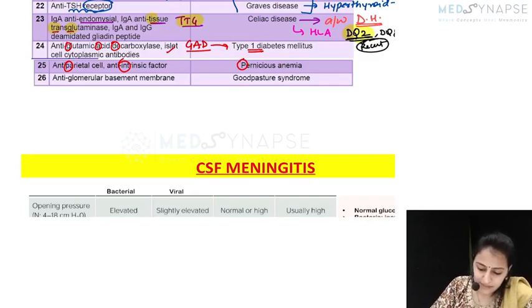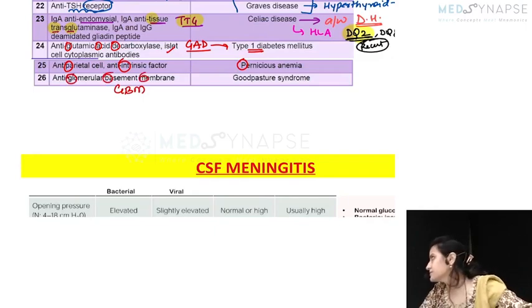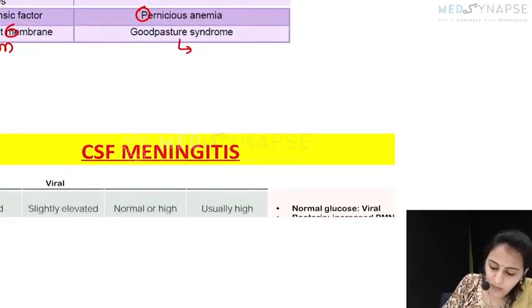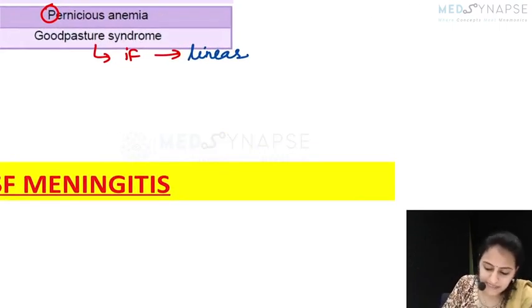Goodpasture's is anti-GBM, glomerular basement membrane antibody. So tell me, Goodpasture's, what immunofluorescence do you get? Linear or granular? Linear. If I see a linear immunofluorescence, basically it is telling me that this is antibody mediated.